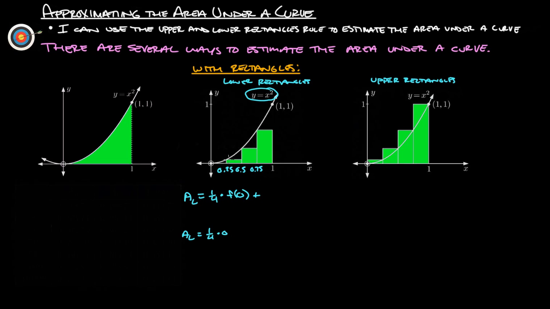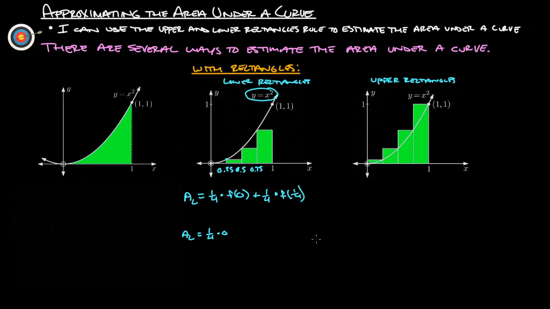Then we add this next rectangle. It's going to be 1/4, because that's the base from 0.25 to 0.5. The height is whatever the value is at 0.25, so it's times the function at 1/4, or 0.25.